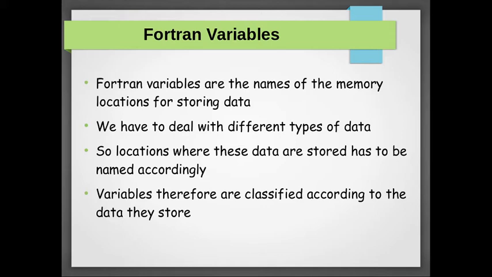It's a very crude example, but that is how it works. In computer also, in Fortran programming, if I have named the memory location for storing integer, it can store only integers. Therefore, because we have different kinds of data, the variables also need to be classified according to the data they store.